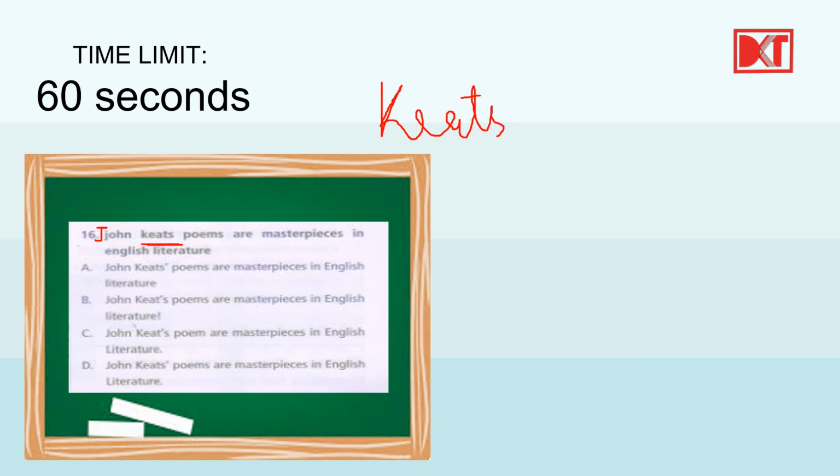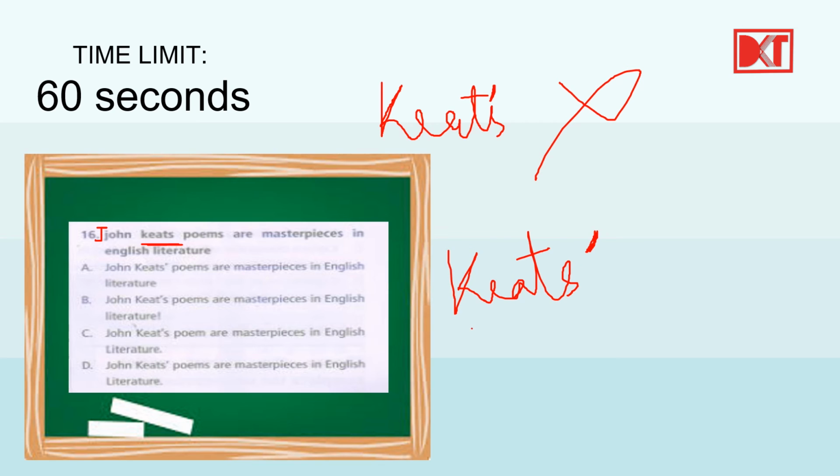Now it may seem like we're talking about John Keat, and then we're using this S and apostrophe to show his possession, like his poems, but that will be incorrect because his name is Keats. For possession we would put an apostrophe S, but here his surname is already ending in S, so where will we put the apostrophe? After S.